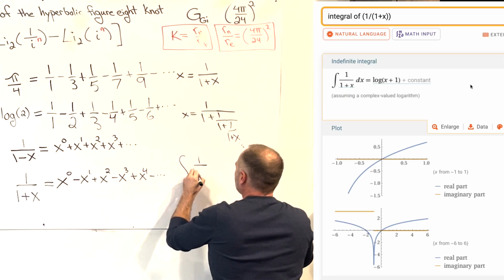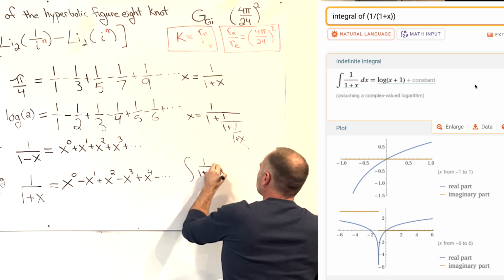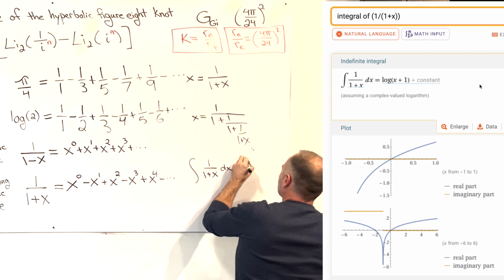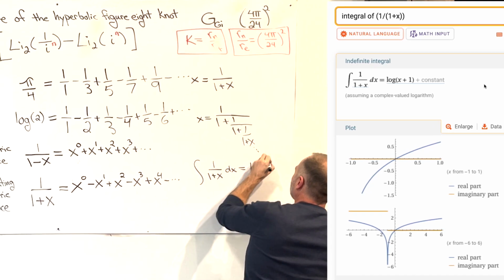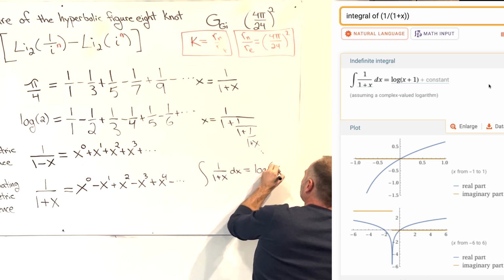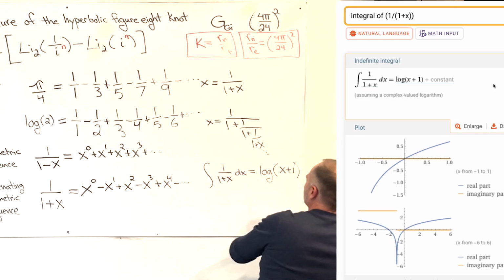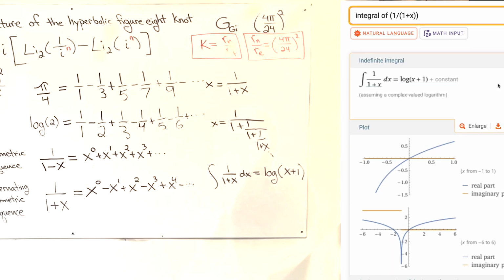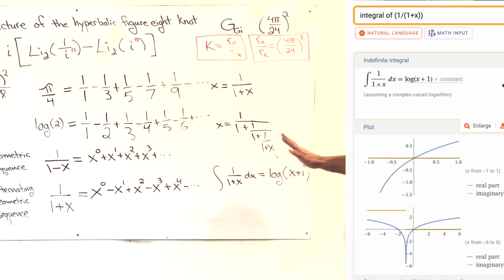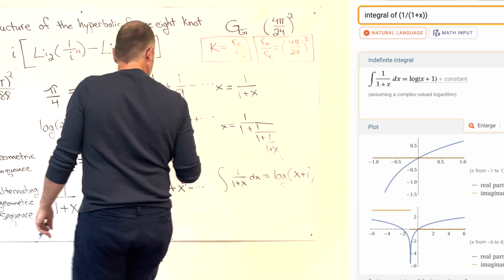One over 1 plus x dx is equal to log of x plus 1. Okay. What do you see?